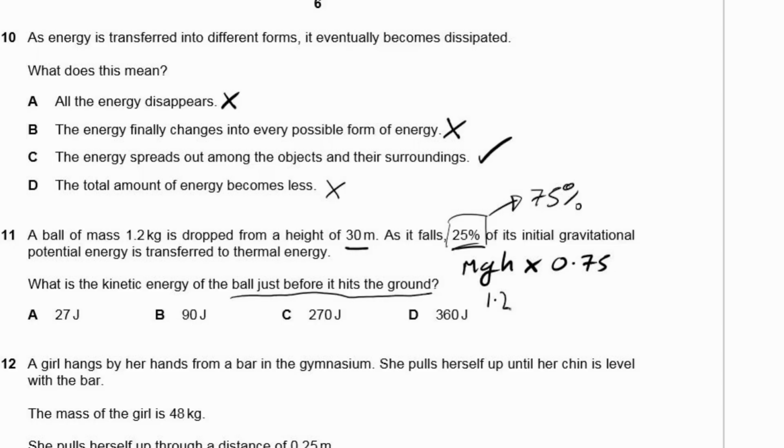Okay, that's 1.2 kilograms times 10 meters per second squared times 30 meters times 0.75, which will give me a value of 270 joules. There we go.